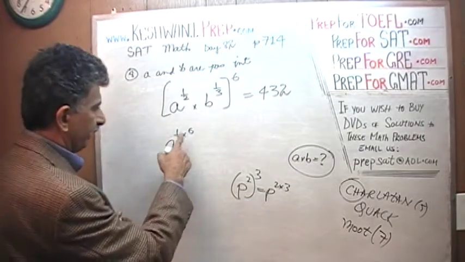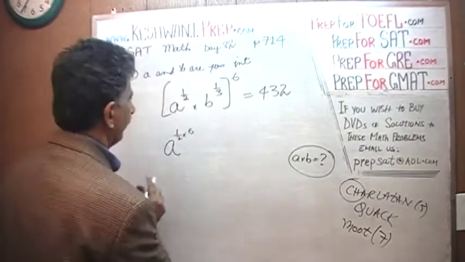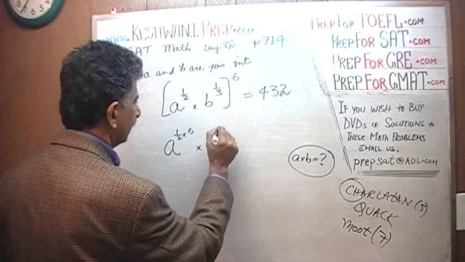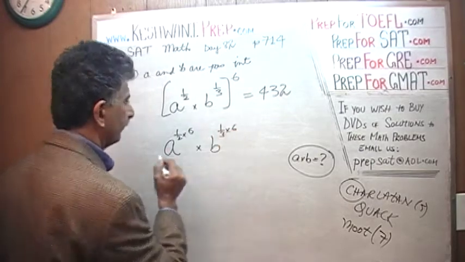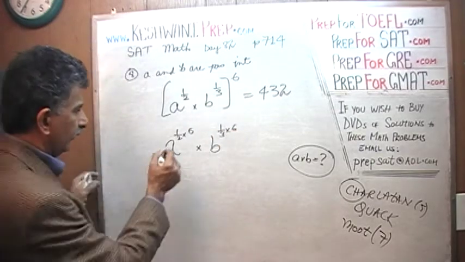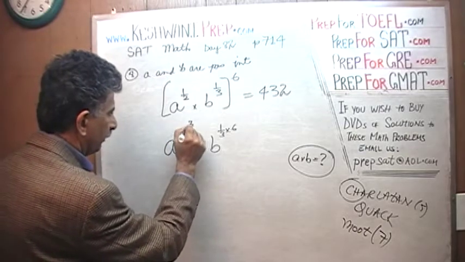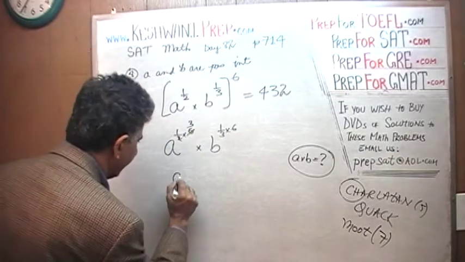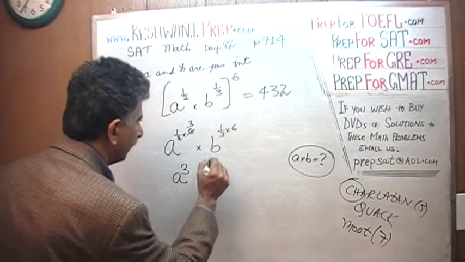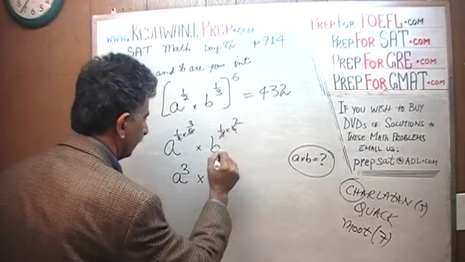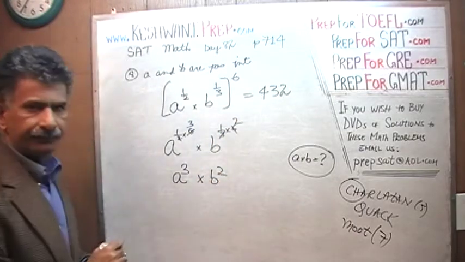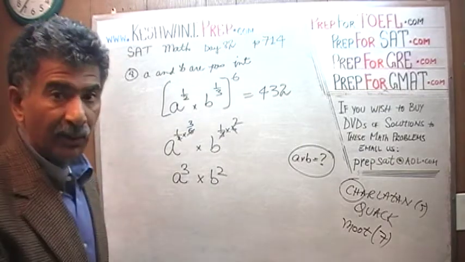So it's half times 6. Similarly, B raised to 1/3 times 6. And this 2 will cancel out with this 6, it will become 3. So it's basically A cubed times, and this 3 will cancel out with the 6, which gives us B squared.